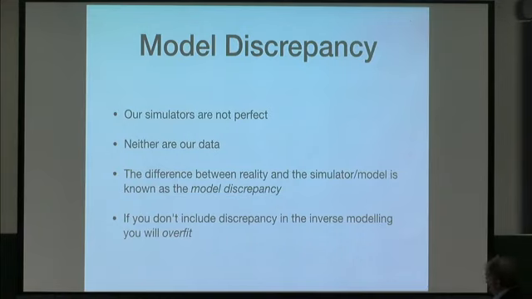Now, the difference between reality and the simulator or the model is known as the model discrepancy. And the way that statisticians set that up, the simulator is our black box, so it includes the difference between the numerical solution and the infinite dimensional analytical solution, which is the thing the applied mathematicians can get a handle on.